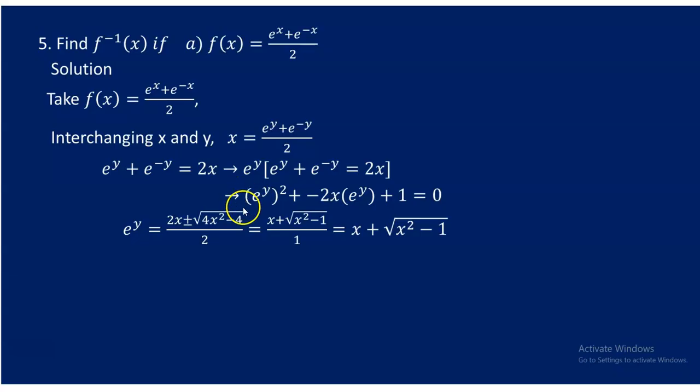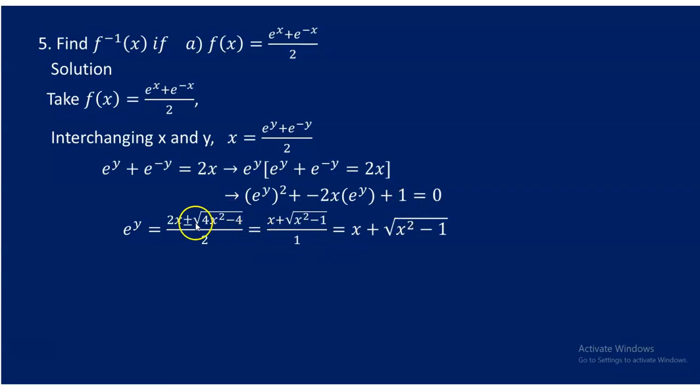The coefficient a here is 1, right? And c is again 1 here. So for b squared minus 4ac, your b is minus 2x, so when you square this, it will be 4x squared, minus 4 times a is 1 and c is 1, minus 4.